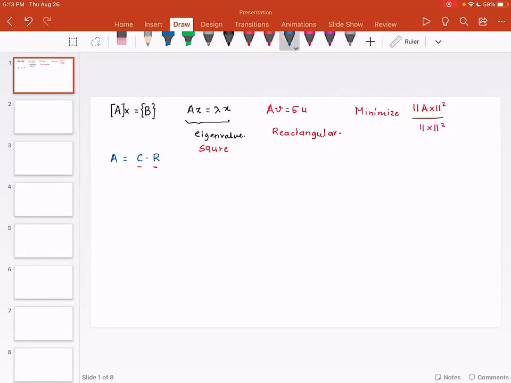So one important part that I want you to understand is that this problem is called SVD, which is singular value decomposition. And I'm going to spend a lot of time working out problems on singular value decomposition.